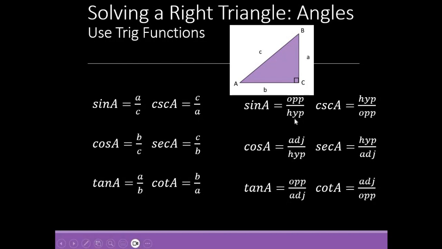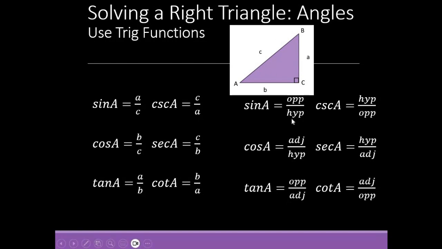Now on the right hand side, it's got these weird little pieces of words. What do these mean? Well, this one says OPP, that means opposite. So it is the opposite side of the angle A, which would be A, which is what it says over here on this side. What is it over? It's HYP. Well, we talked about the fact that C, this line, is called a hypotenuse.